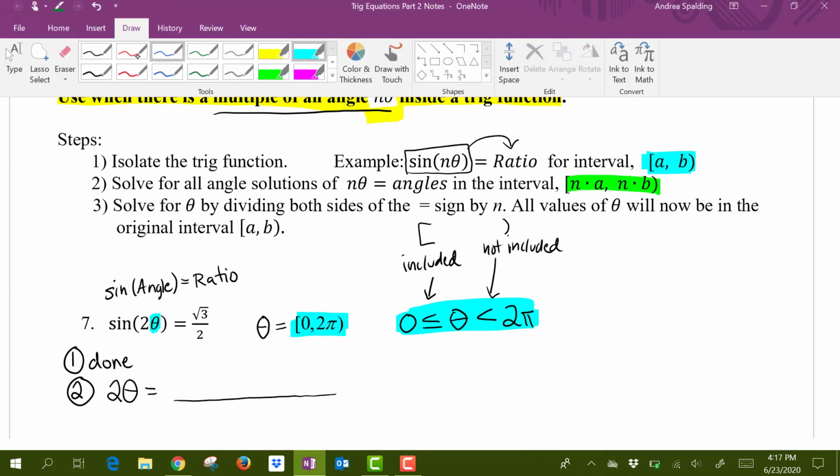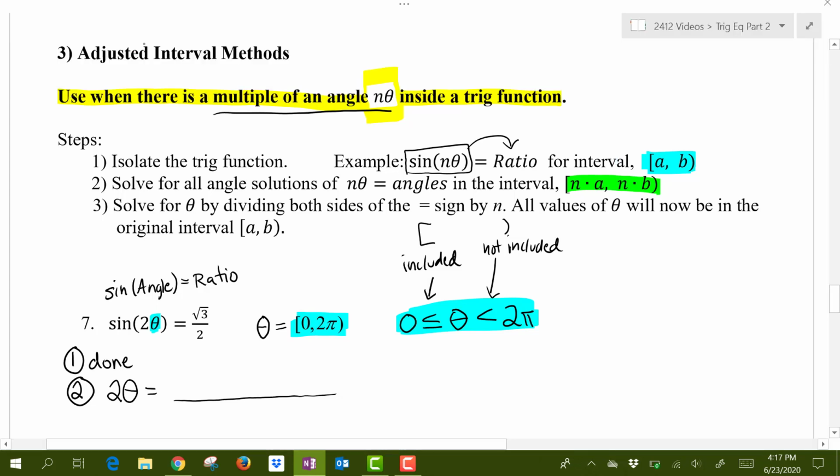Okay, what does it look like in this example? Well, in this example we have 2 theta, right? We're asked to solve for theta within this interval from 0 to 2 pi. So what we're going to do is adjust this interval by multiplying all the parts by 2, the number that's in front of theta.